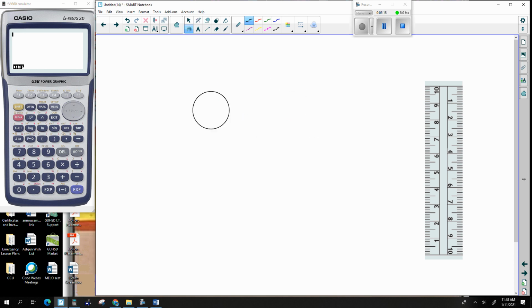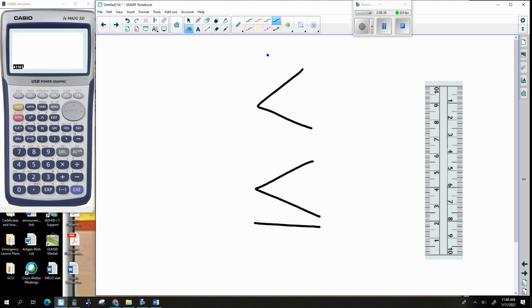The next thing I need to talk to you about with these symbols is that sometimes they will have a line written underneath. Here we have two symbols, and one of them has a line written underneath. How you would say this symbol is, technically, is less than.